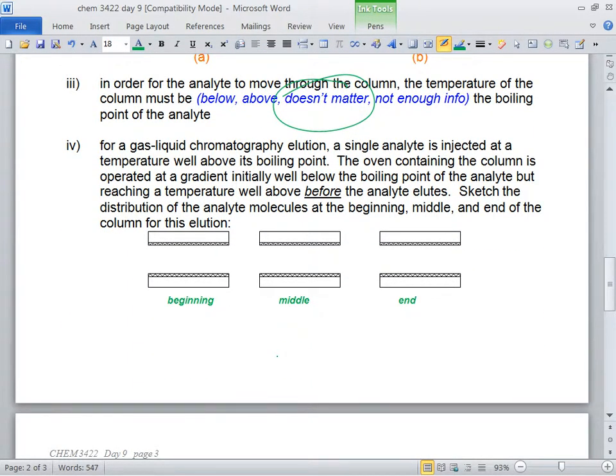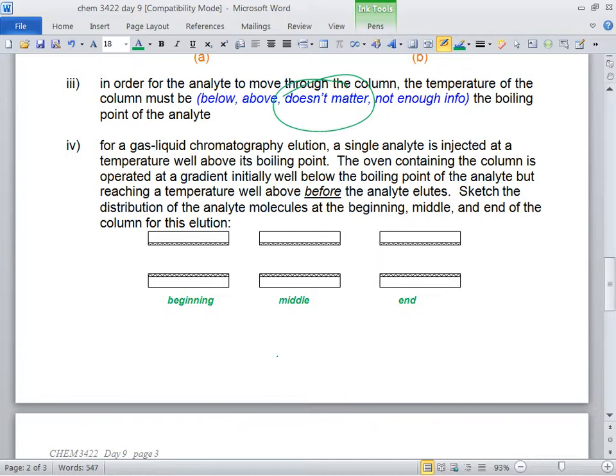For a gas-liquid chromatography elution, a single analyte is injected at a temperature well above its boiling point, and the oven containing the column is operated at a gradient, initially well below the boiling point. So the inlet is really hot, the inlet did its job, and everything gets vaporized and enters the column, which is in the oven.